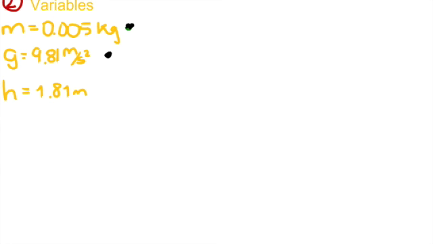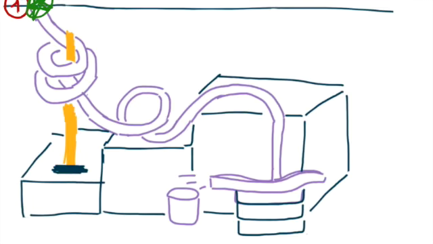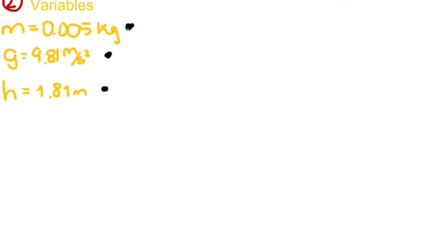And we have the height of the point, that is the distance of the marble from the ground, that is 1.81 meters. That's basically the overall height of our roller coaster from this point to the ground. That's the height we will be using.